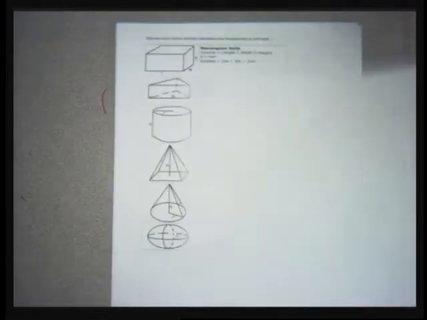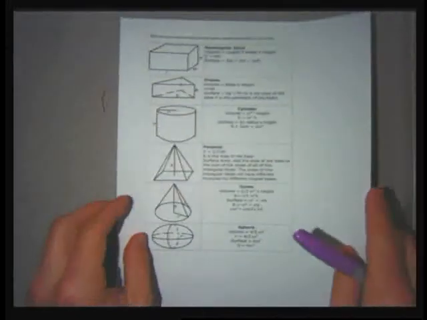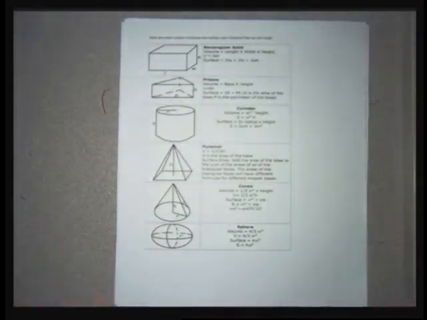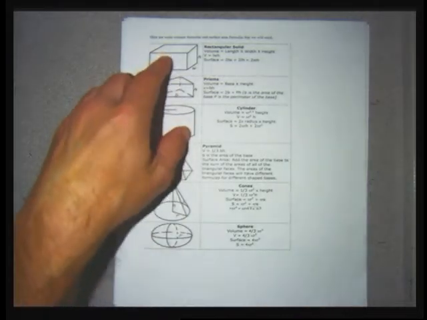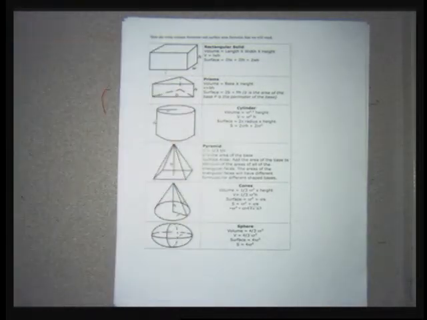So when we're dealing with volume and surface area, it's nice to know the names of objects and the formulas that will help us compute the volume and surface area. So this page in my notes is something you should have to reference as we're going through section 9.4, because it has every formula that I think you might need. Some of the pictures are a little bit distorted. The first object here that we call a rectangular solid, you might call it a box.